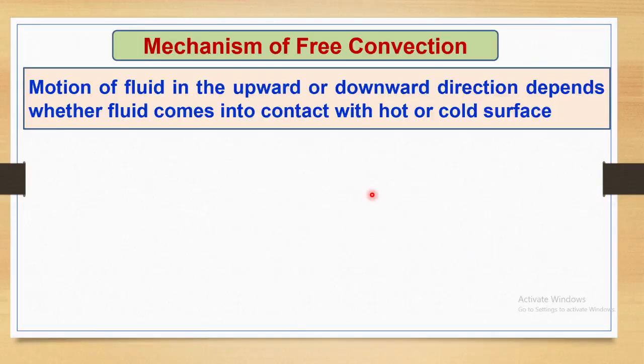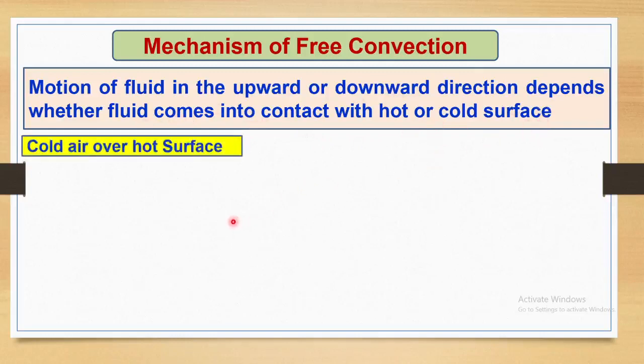Now, as we have discussed in the previous slide, there is a convection current, that is upward movement of hot air particles and downward movement of cold air particles. So the motion of fluid in the upward or downward direction depends on whether the fluid comes into contact with a hot or cold surface.